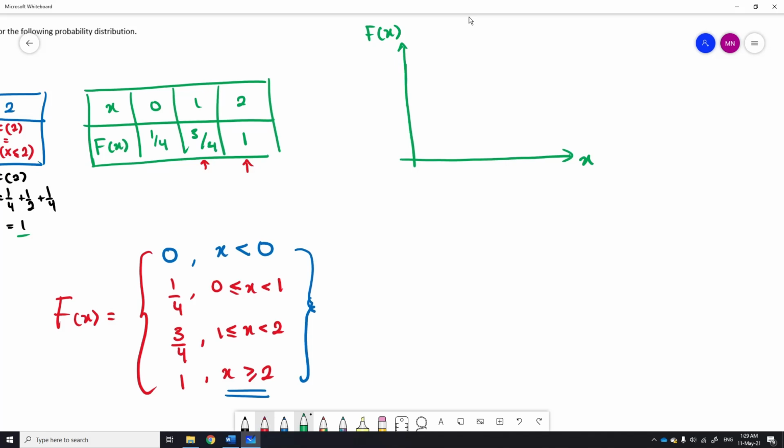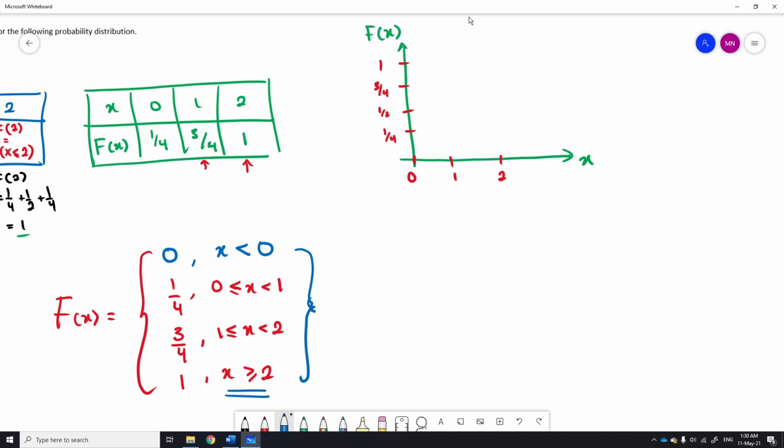We have the values 0, 1 and 2 placed on the x-axis. On the y-axis, there is 1 over 4, 1 over 2, 3 over 4 and 1.